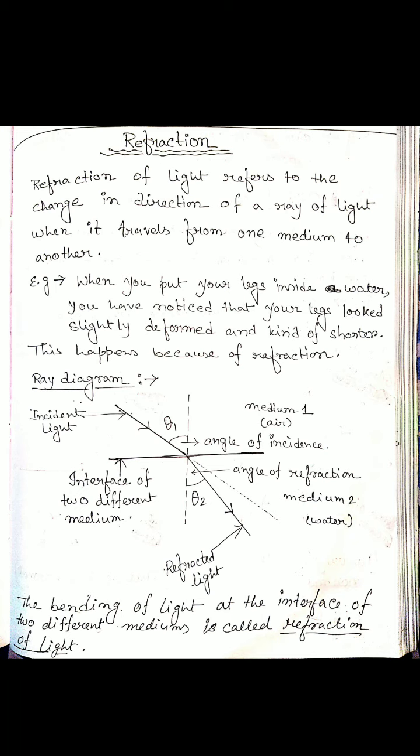So if I ask where are the two mediums? Yes, your eyes, from where you see your leg, that is the air medium, and where you put your leg, that is the water medium. So there are two different mediums, and if two different mediums are there, refraction occurs. Clear?